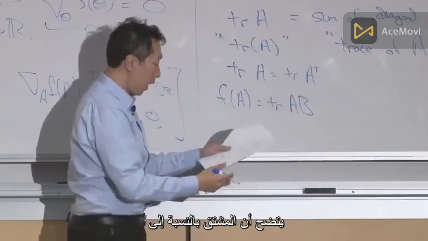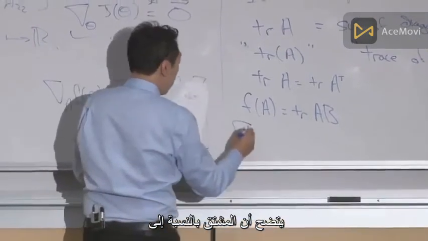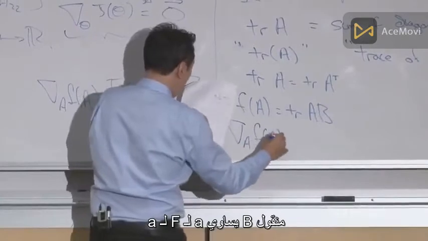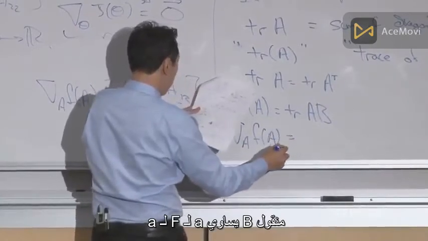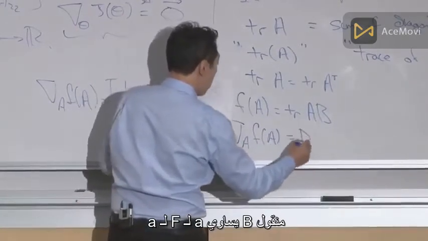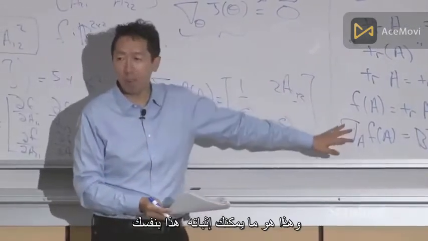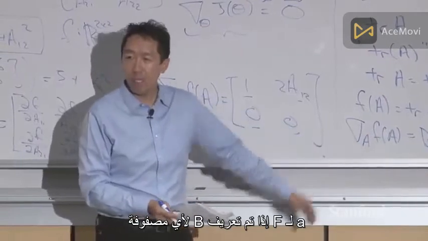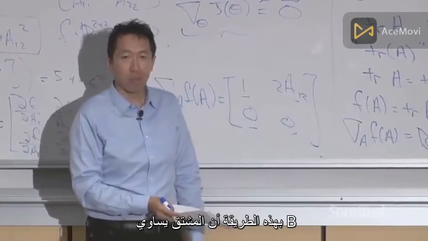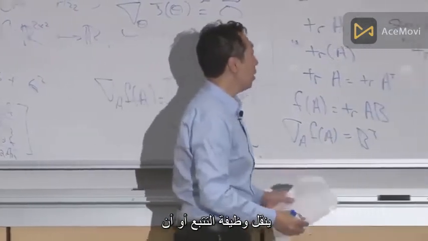Then it turns out that the derivative with respect to A of f of A is equal to B transpose. You could prove this yourself. For any matrix B, if f of A is defined this way, the derivative is equal to B transpose.